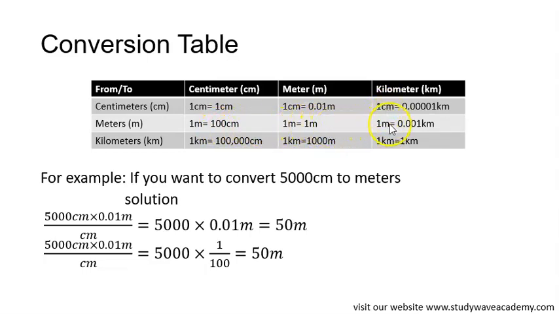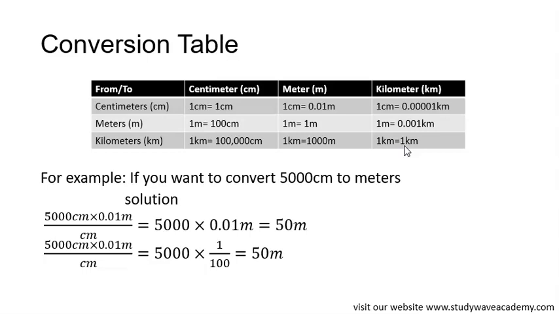Okay? Then 1 meter in kilometer is 0.001 kilometer. Then 1 kilometer in centimeter is 100 centimeter. Then 1 kilometer in meters is 1000 meter. And 1 kilometer in kilometer is 1 kilometer. Do you understand that now?